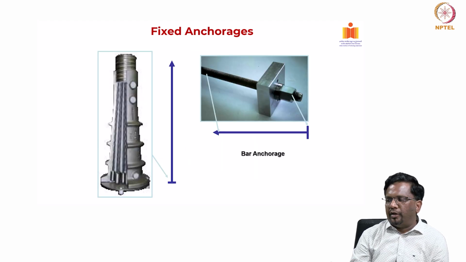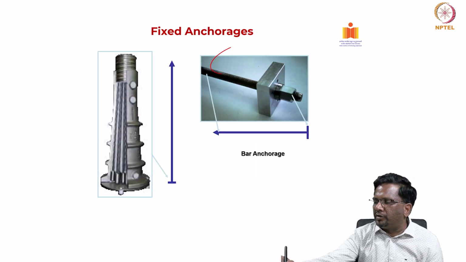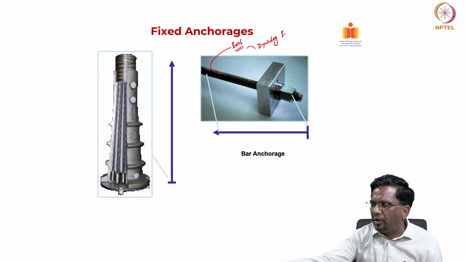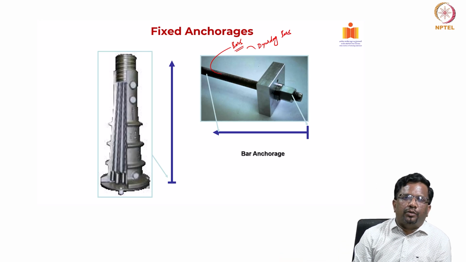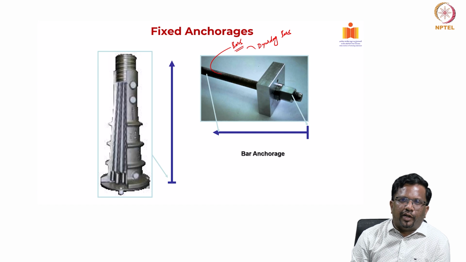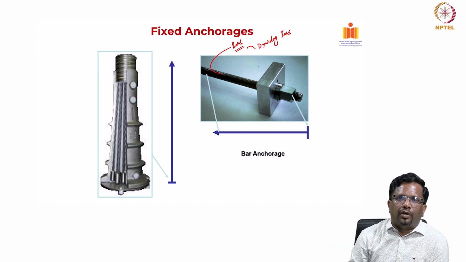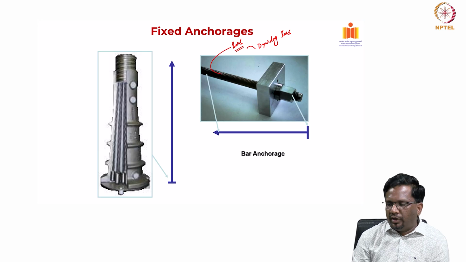And this is again bars. This kind of bars is also used. Heavy bars like these are sometimes called DYWIDAG bars. But typically, when we do the structural testing of large components, we use this kind of DYWIDAG bar systems to hold the structural members anchored to the strong floor.